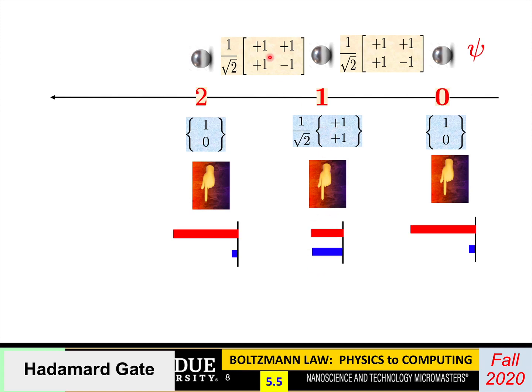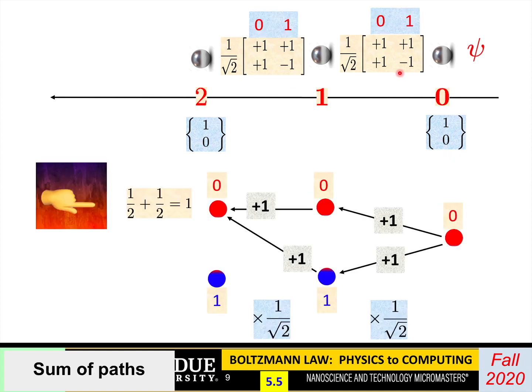And then when you apply it again, it goes back to all up. This spreading and then coming back is usually not something you can do with classical systems. That's part of the magic of quantum, and it comes from these negative signs here. And we'll talk more about this.